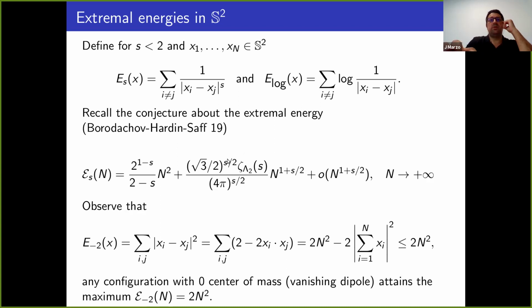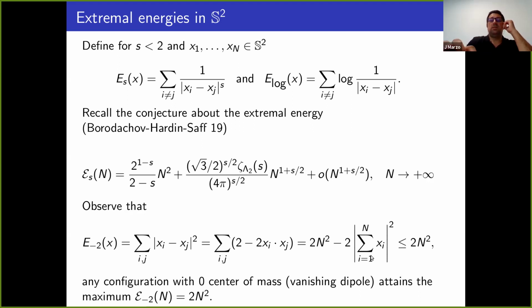And in general, this is a very difficult problem, except, of course, when s equals -2, okay? Because if you consider this e -2, this will be just this expression. So this will be the energy of this set x, this vector x, if you want. And you can just write this, and then it's very easy to see that this is 2 times n squared minus 2 times this quantity.